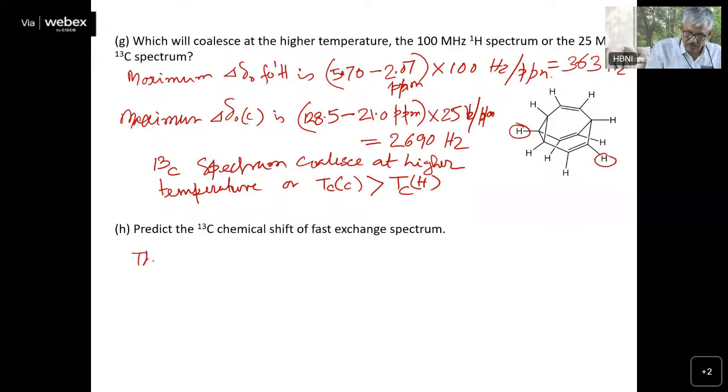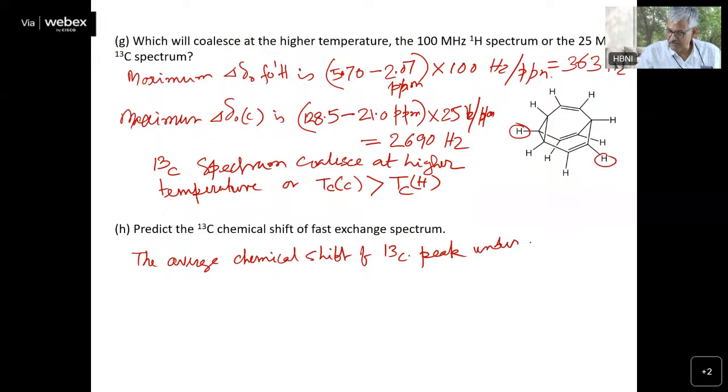So the average chemical shift of 13C peak under fast exchange will be delta C is equal to exactly the same.